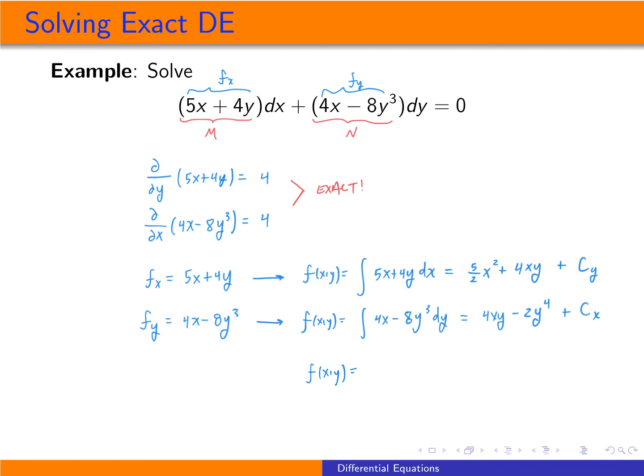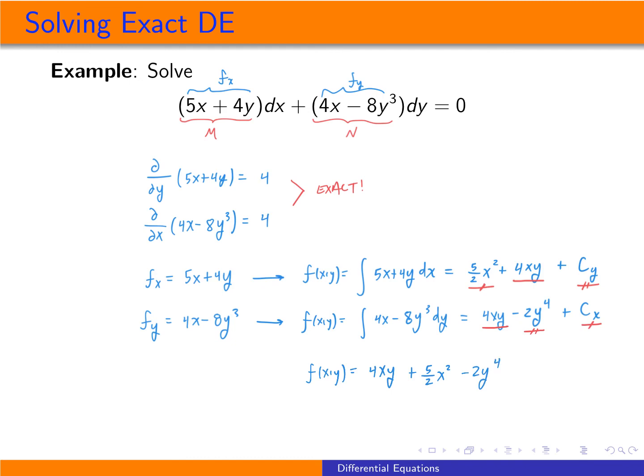In order to do so, we just identify what term or terms are present in both equations, and you write those down just once. Any leftover term somehow has to be accounted for as these constants with respect to x or the constants with respect to y. So f in this case would be 4xy plus 5 halves x squared minus 2y to the fourth.